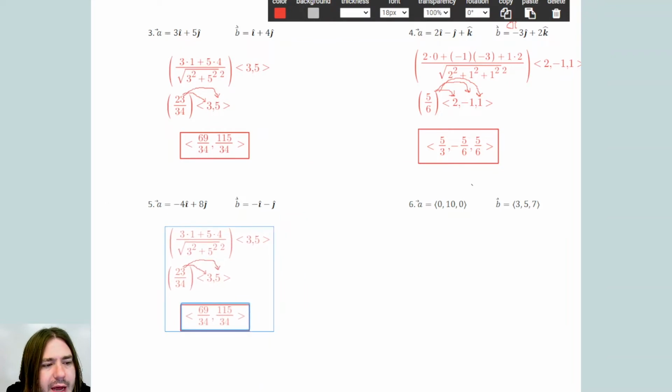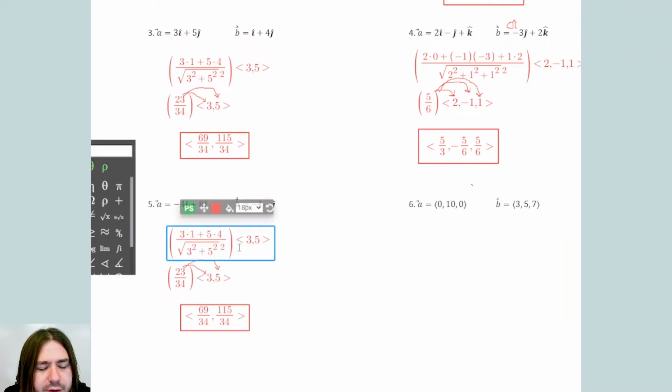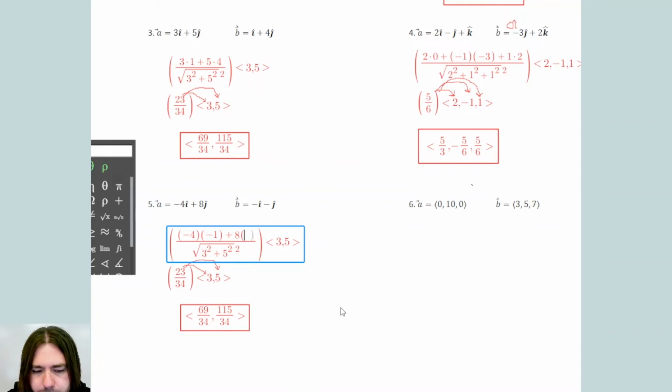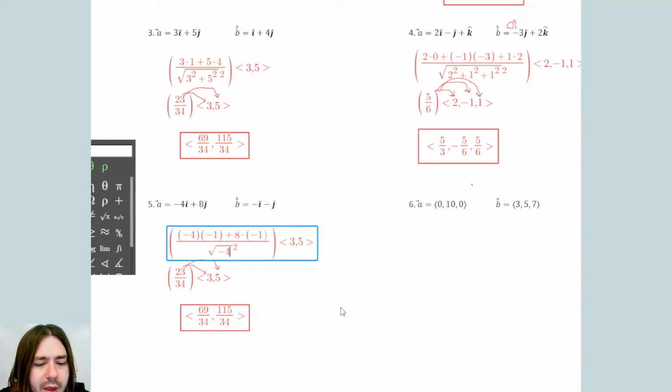We're going to find the dot product of the 2 vectors first, so that'd be -4 times -1 plus 8 times -1. And then for the magnitude of the vector that we're projecting onto, we've got -4, just 4 squared.